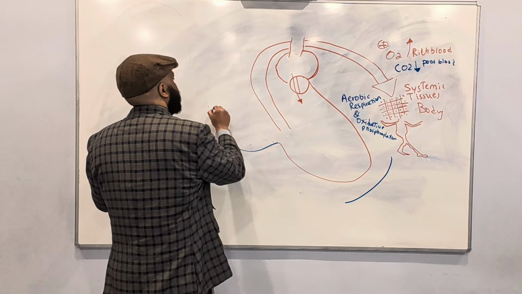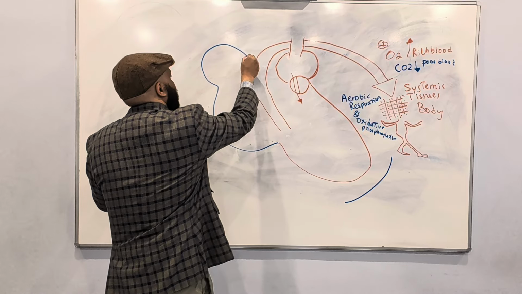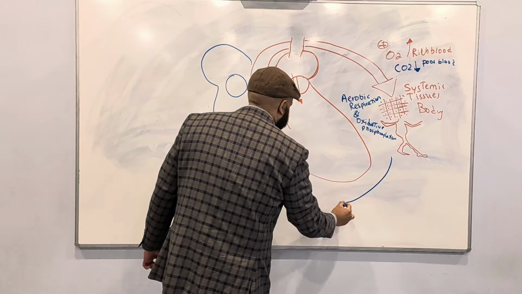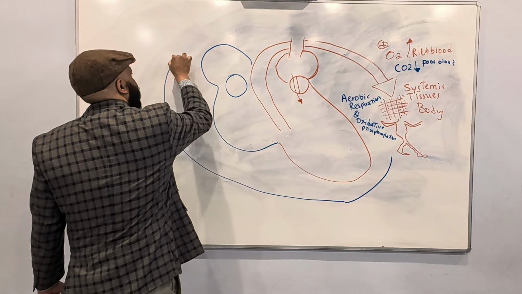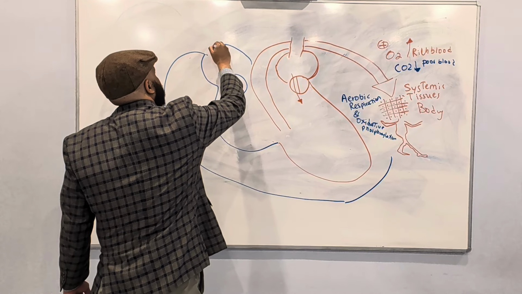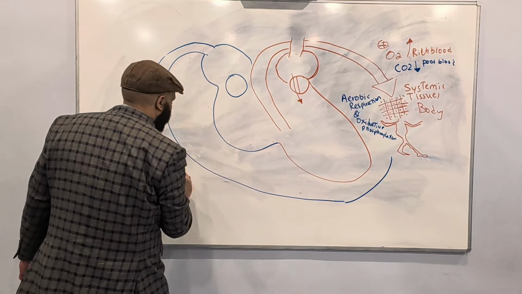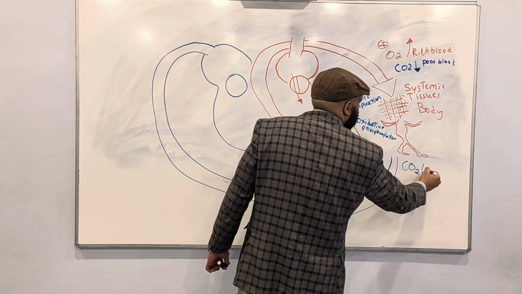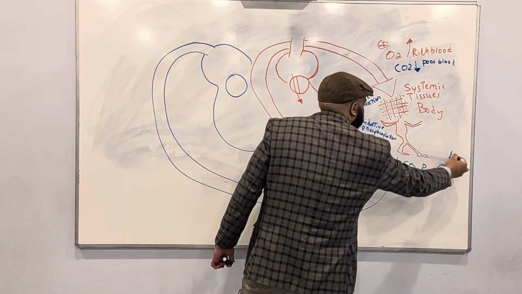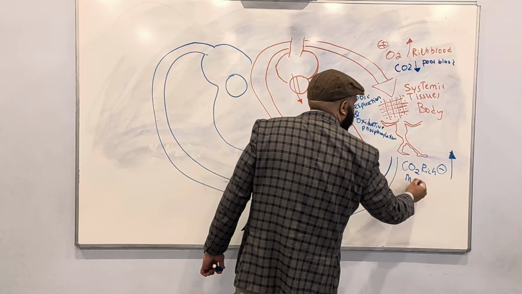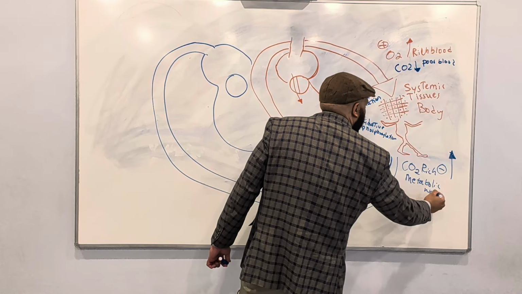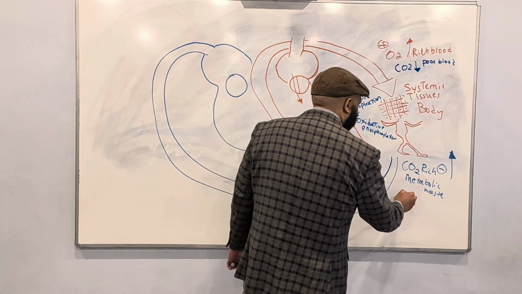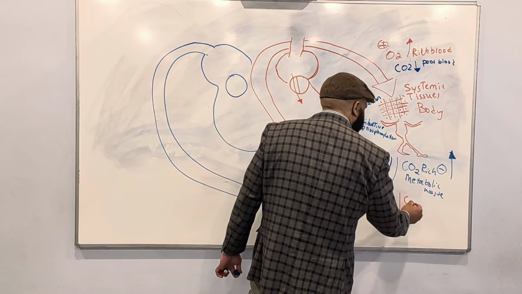Then after we burn down the oxygen, the systemic tissues are going to send out this bad blood that enters through the vena cava. This is the vena cava. This is now carbon dioxide rich blood, very concentrated in metabolic waste and very deficient in oxygen.